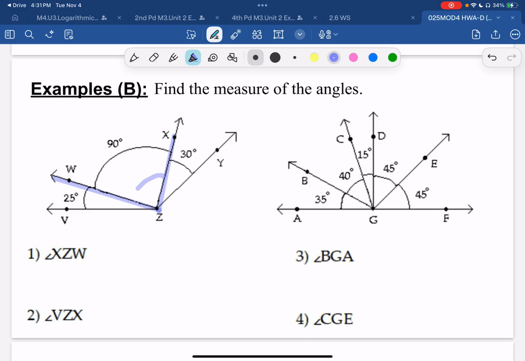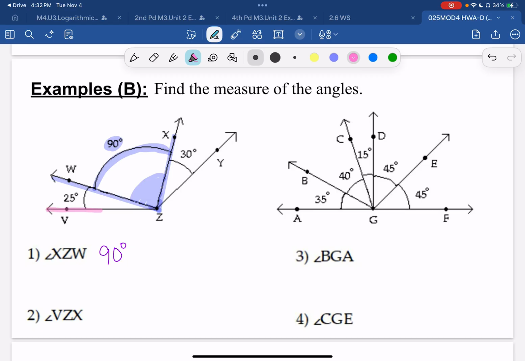So this is the amount of rotation for my angle. And I can see that that means it's 90 degrees.